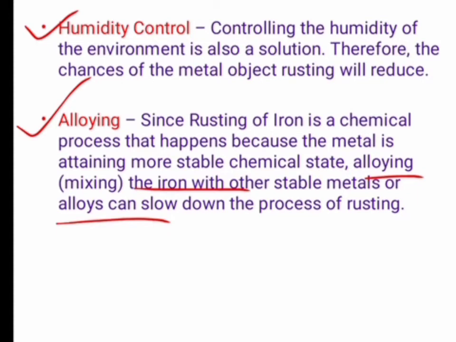Stainless steel is an alloy of iron, chromium, nickel and carbon. It is used to make cutlery, machine parts, surgical instruments. Nickel steel is the mixture of iron and nickel. It is used to make automobile parts. So, this is all about rusting.